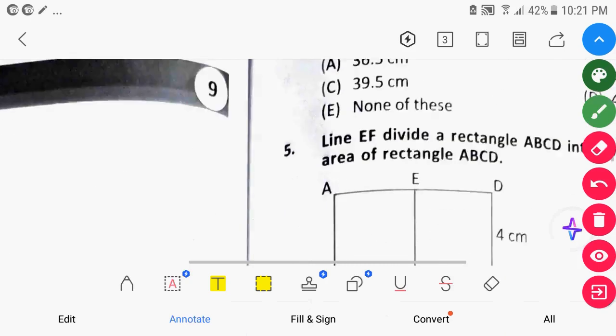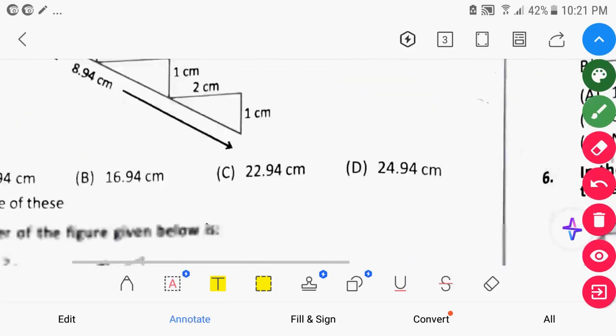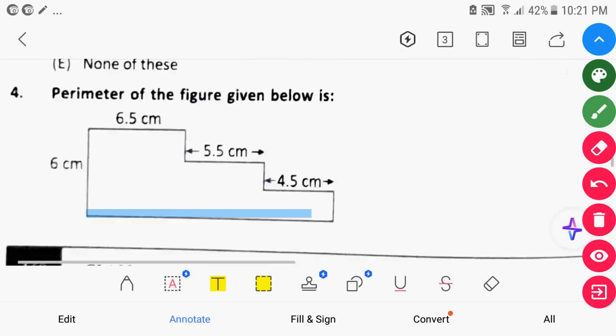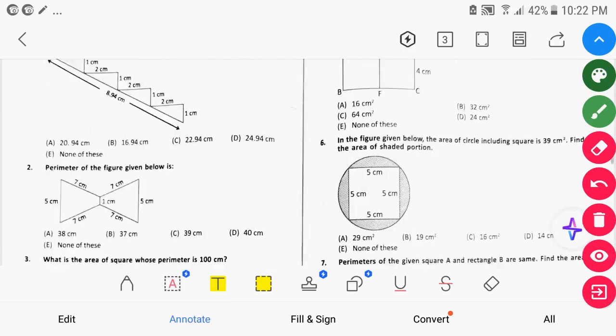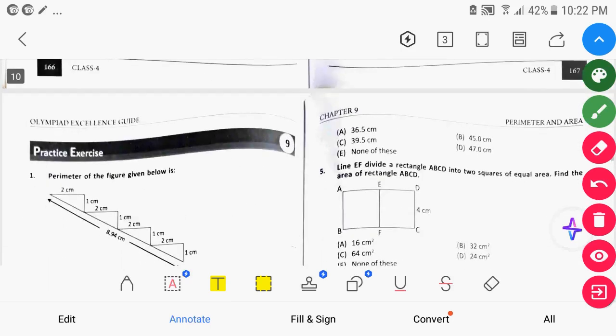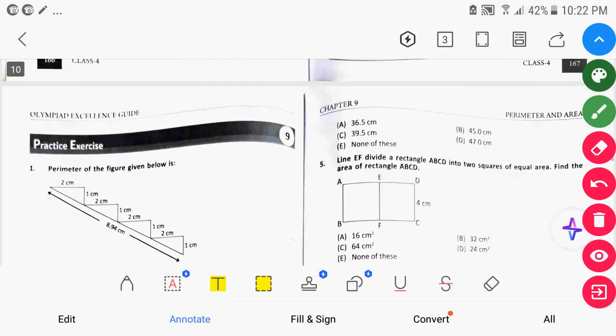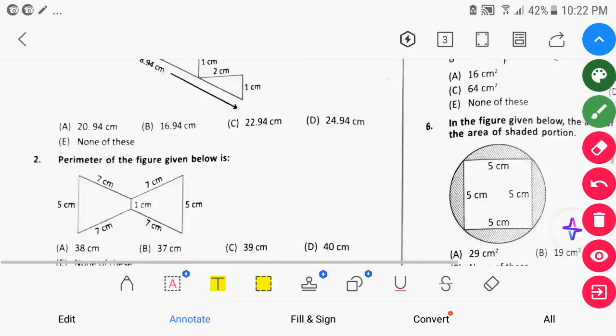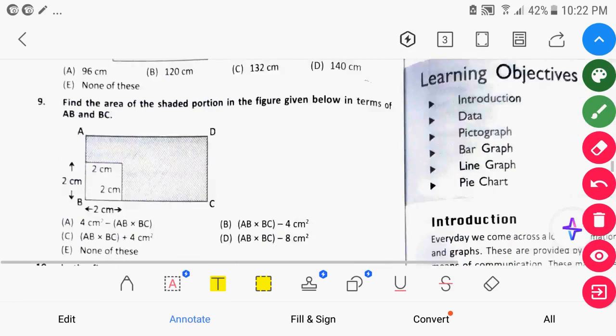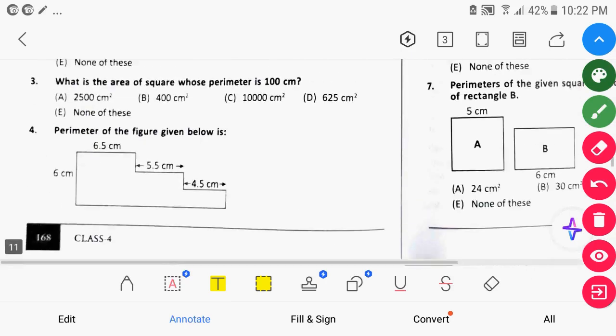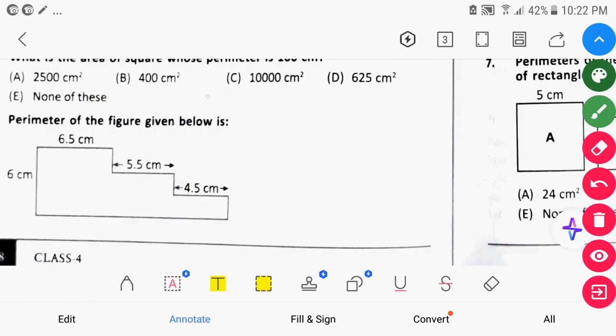Is there any option like 35 centimeter? We'll check. Some calculations we had made wrong. We'll check again what is the length. See, we'll add.